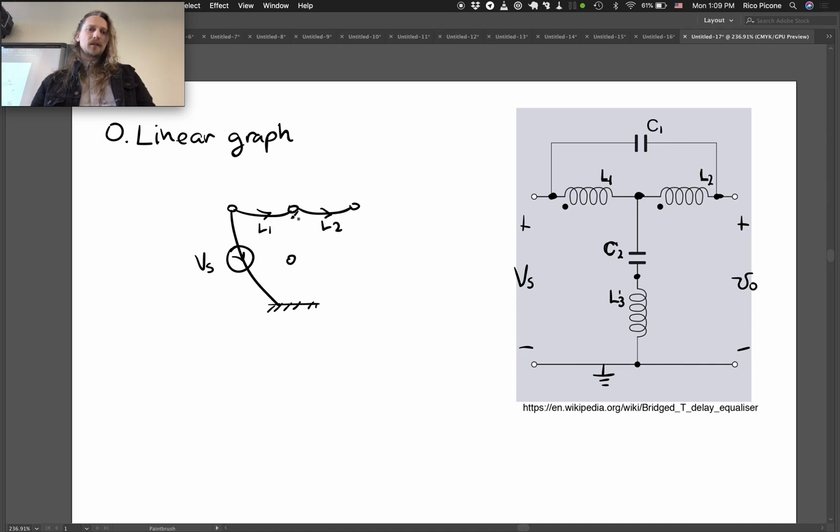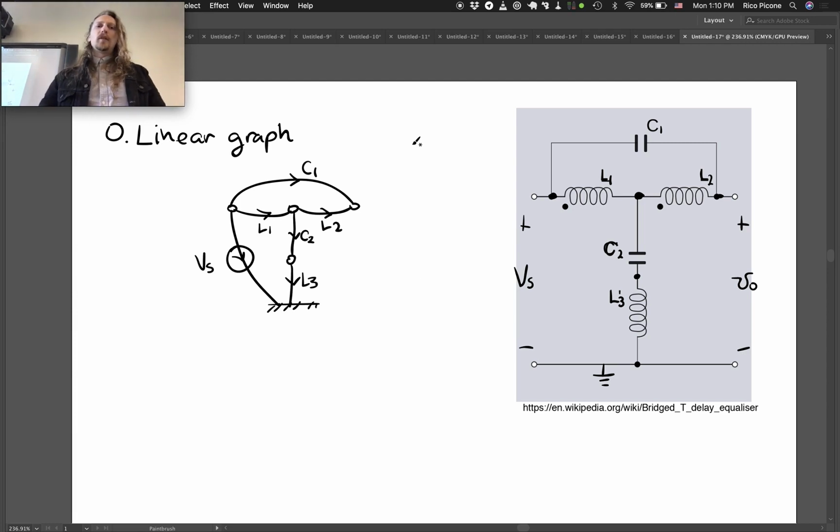L2. Let's go C2 and L3. And then we've got the capacitor 1, C1 here. Okay, so the output voltage is going to be off this node here, Vout. And that's our linear graph.